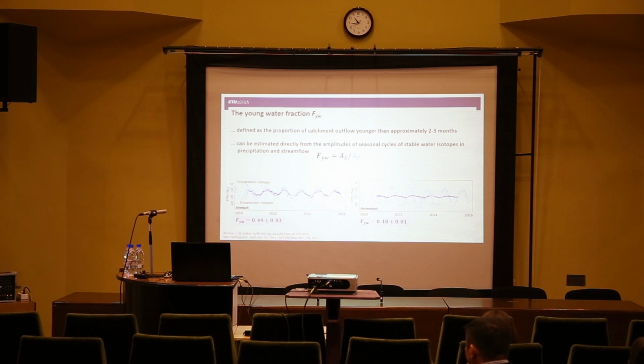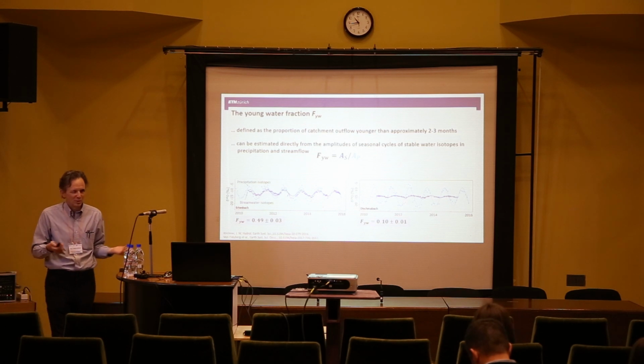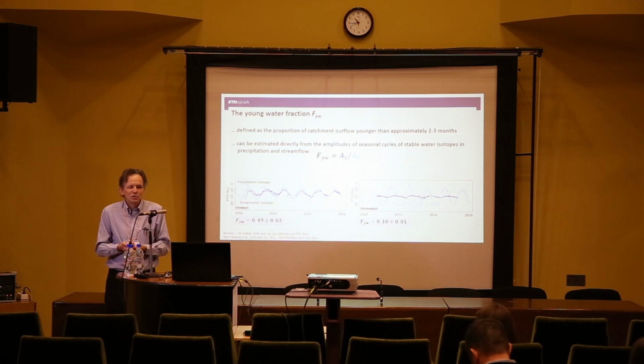You can't easily use this technique there. Or the other real problem is an island in the middle of the ocean, where the rain basically always looks like evaporated ocean water. And again, there is not much of a seasonal cycle. So to use this technique, you need an input signal. And if nature doesn't give you the input signal, it's too bad.